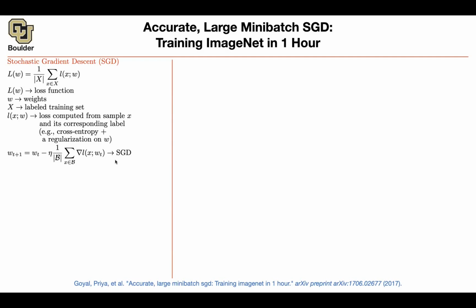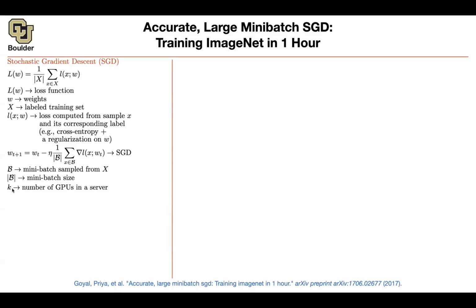We covered it a long time ago in the course. B is a mini batch, and you're sampling it from your entire data. And usually your mini batch is going to have a smaller size compared to your entire data set. Now you have multiple GPUs in front of you. And by a server, I mean a computer, it could have 2 GPUs in it. It could have 4 GPUs in it.